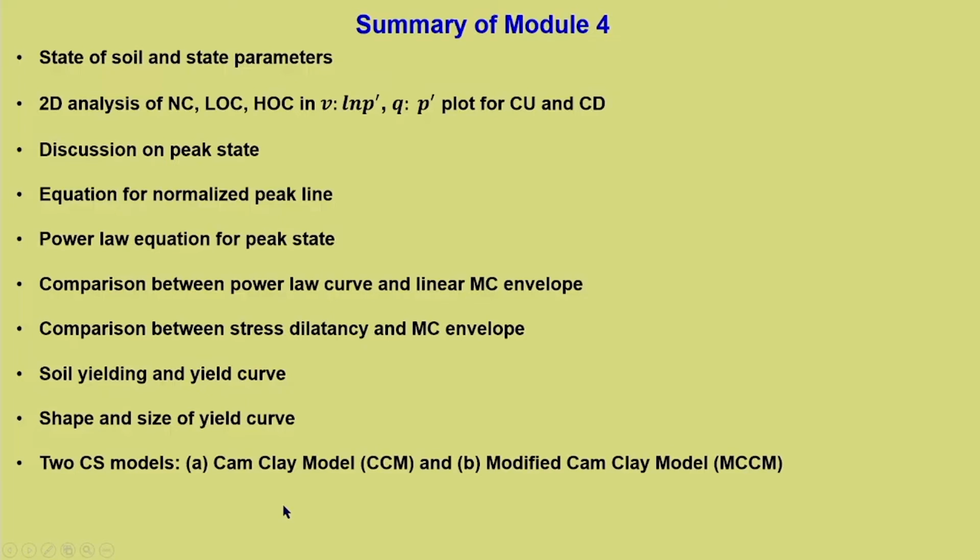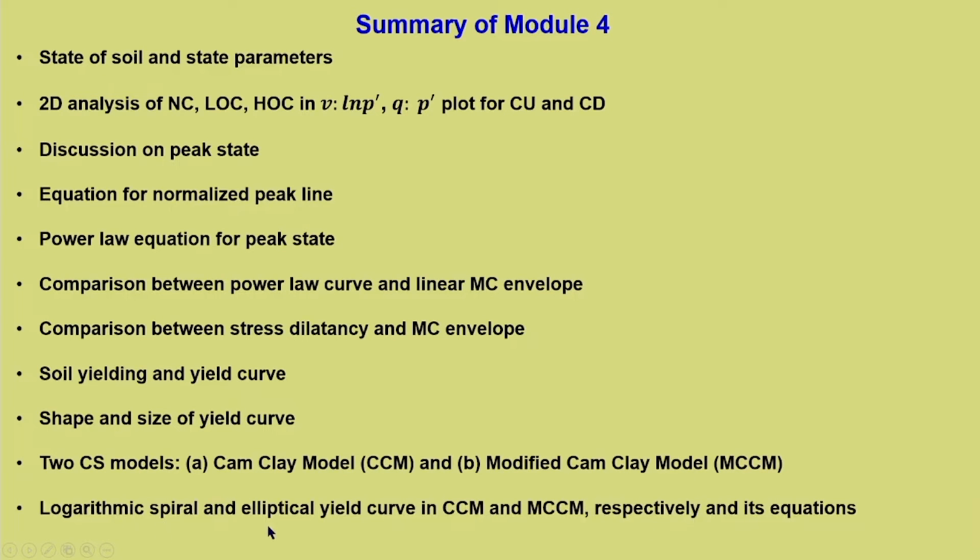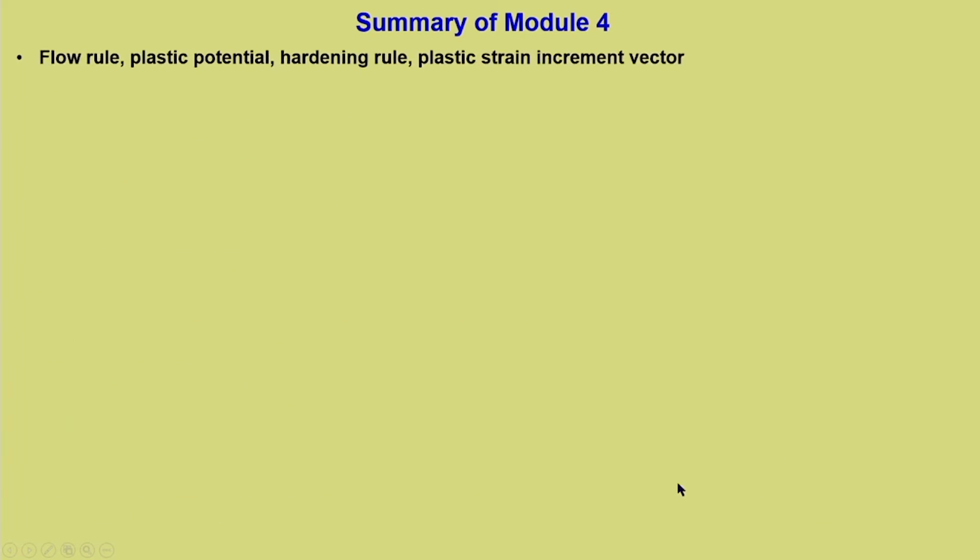They also exist, but in this particular course we have restricted ourselves to modified Cam clay. If participants are interested, you should read through those, and those are very well explained in the literature. Two critical state models we have dealt with in this course: one is the Cam clay model and the other is the modified Cam clay model. The elliptical and the logarithmic spiral yield curves have been discussed and the equations were obtained.